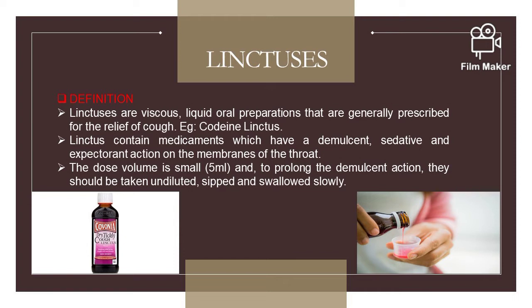The dose volume is small, around 5 ml, and to prolong the demulcent action, they should be taken undiluted, sipped and swallowed slowly. The right hand side picture shows how to take linctuses, and the left hand side is an example of linctus drugs.